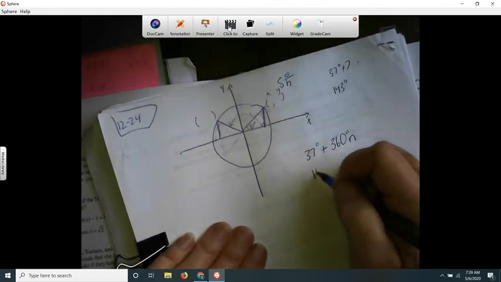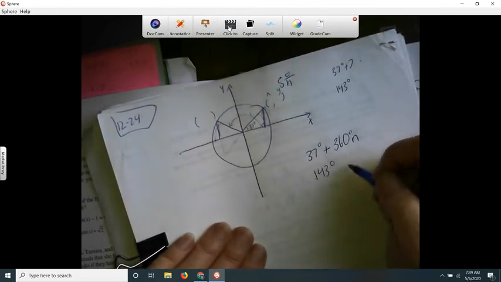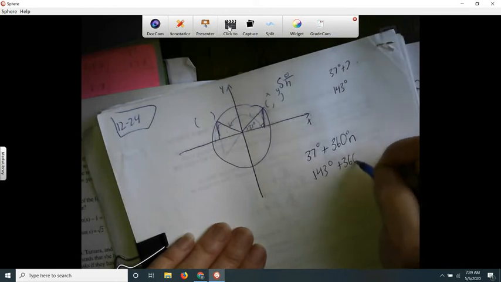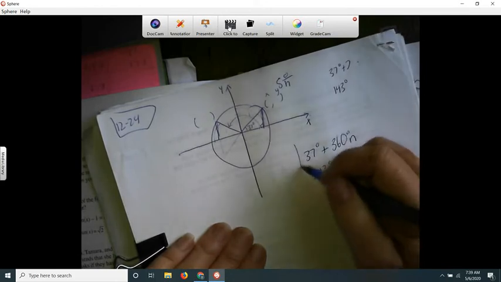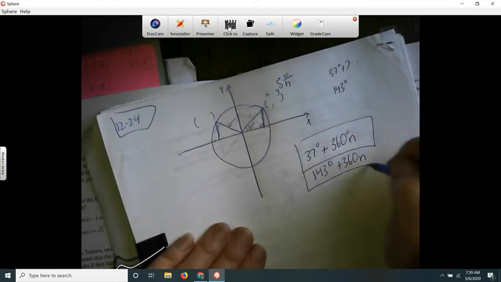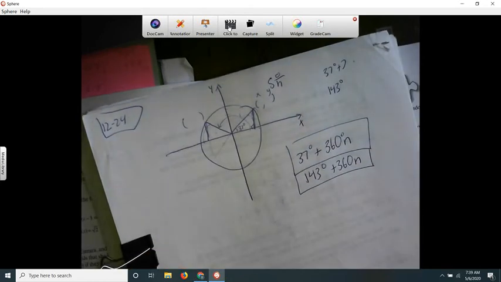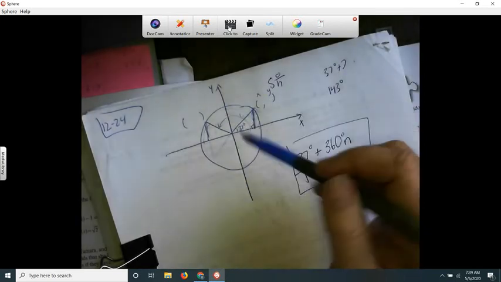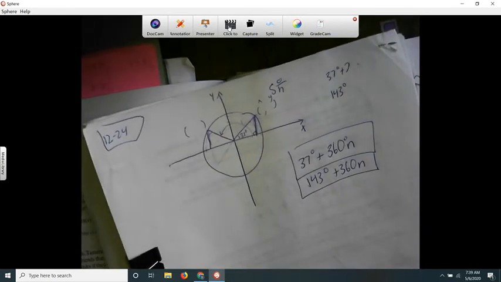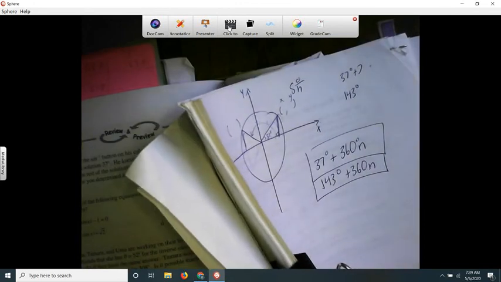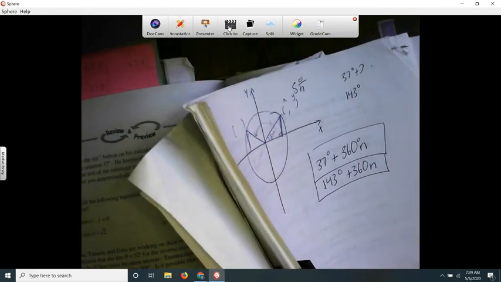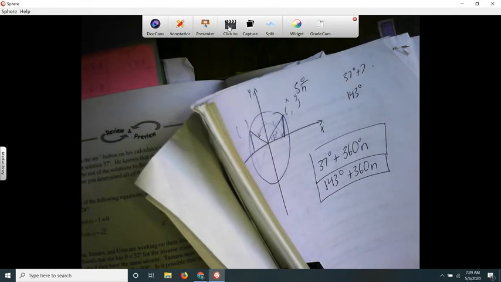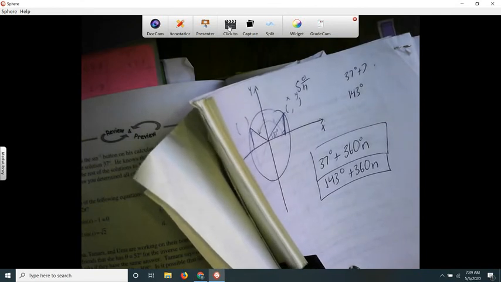And then we'll say 143 plus 360n. So that's how I can say all of the different solutions to the inverse sine, or the sine of 37 degrees.